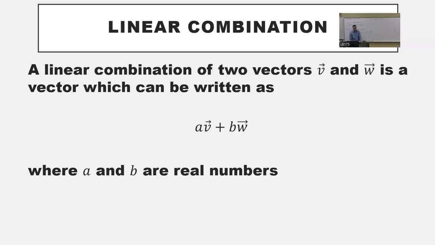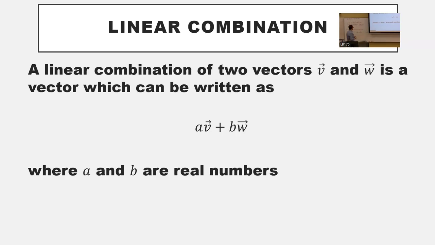Okay. Now, what we just did there was we took what's called a linear combination of the V and the W. A linear combination of two vectors is just, can I add those vectors together with scalar components and get that?